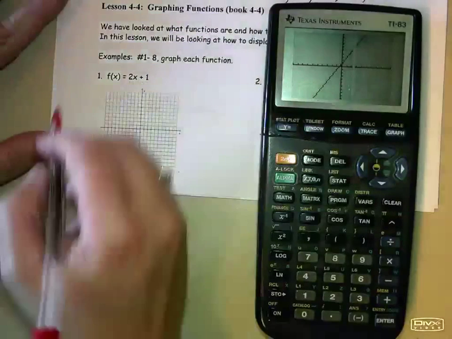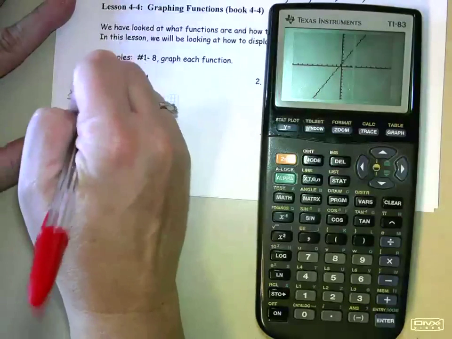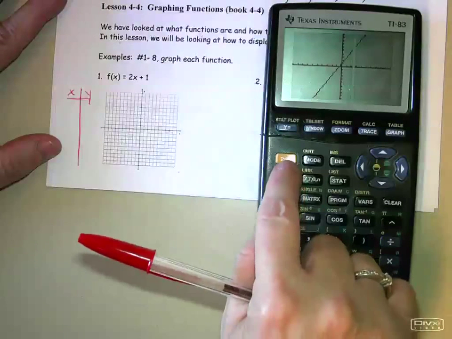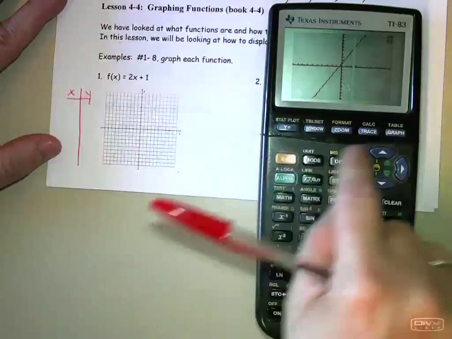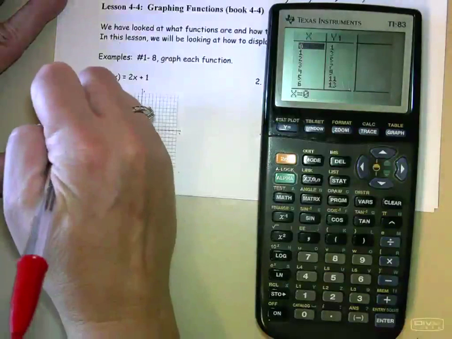Now what we want is a little table here for our x, y values. If you hit the second key right here and then table, that gives you your values.